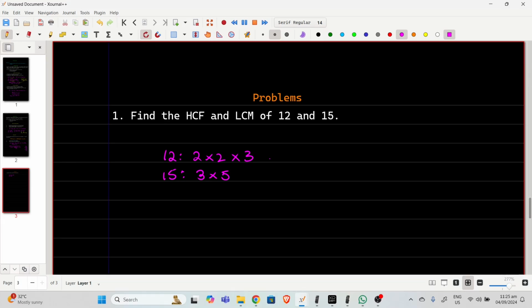The only thing we have in common is the 3, because we have 2 to the second power times 3, and 3 to the first power times 5 to the first power. Hence HCF is equal to 3.